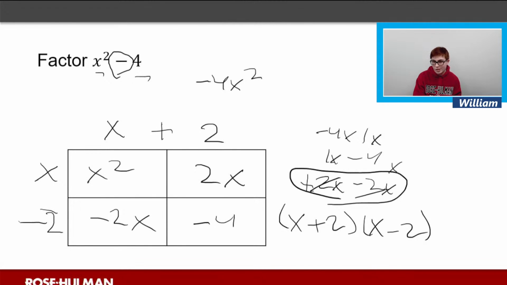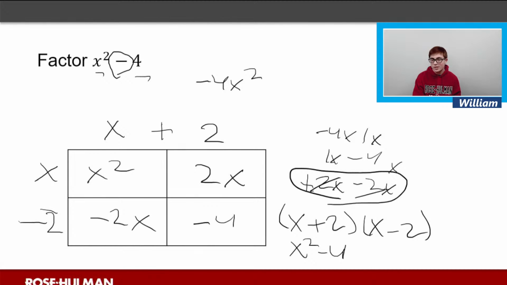And because it's a conjugate, if we were handed something like this to multiply, remember how earlier I said we didn't actually need that middle term because it was going to work out to be 0, so you could just find the first and the last. So then you just have an x squared minus a 4, x squared minus 4.